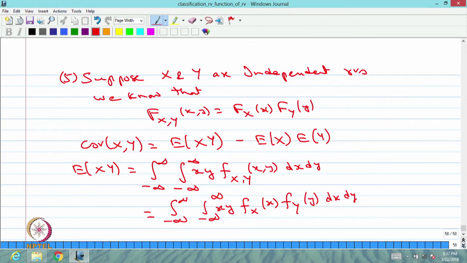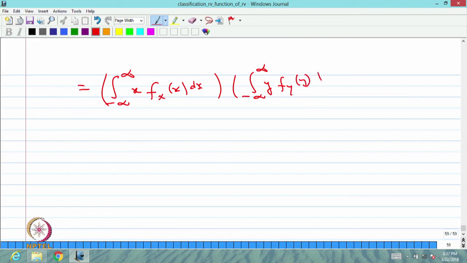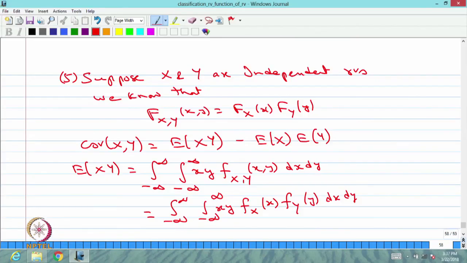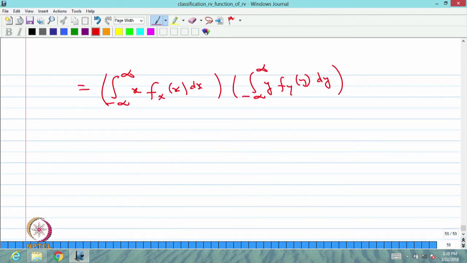Now, the same double integration can be written as the integral from minus infinity to infinity of x times f of x dx, multiplied by the integral from minus infinity to infinity of y times the probability density function of y with respect to y. This is because the joint probability density function can be written as the product of the probability density functions of x and y. Therefore, I can keep x and f of x together, similarly y and f of y together, and the integration becomes the product of these two.